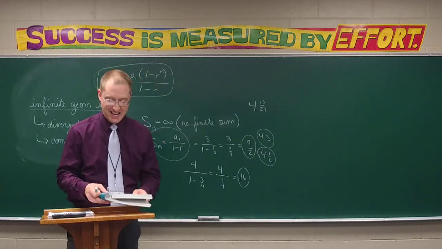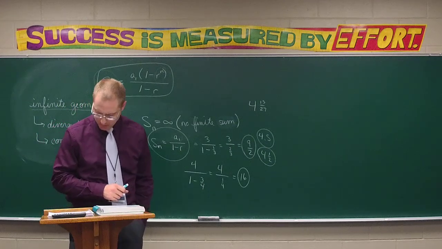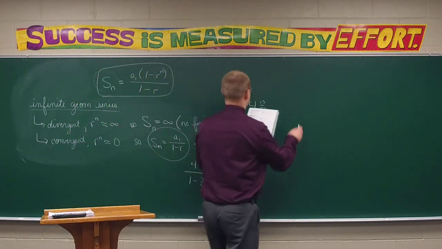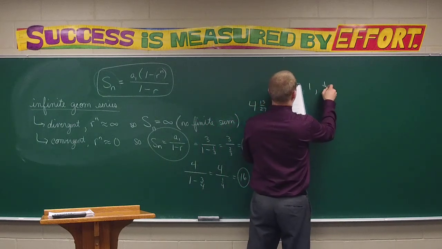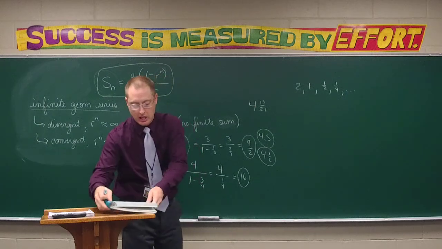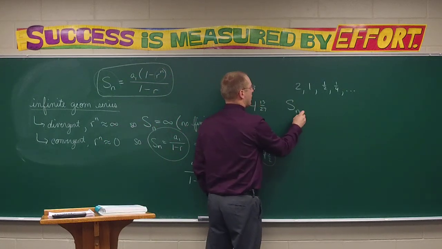Page 480. Look at the top of the page, and number 17 at the top. It starts off with a 2, a 1, a 1/2, a 1/4. We realized we could keep going infinitely. And if we did go infinitely, what would be the sum of all the terms?